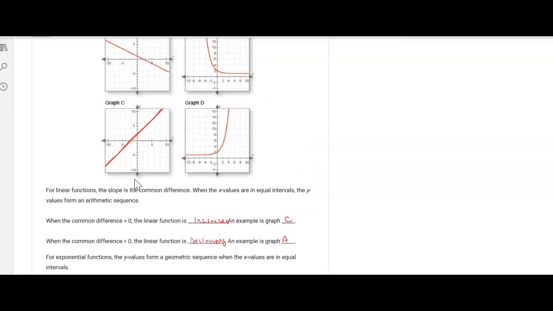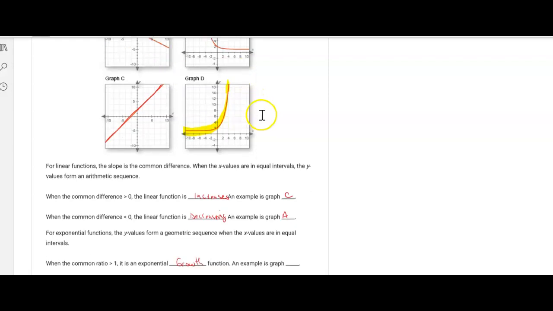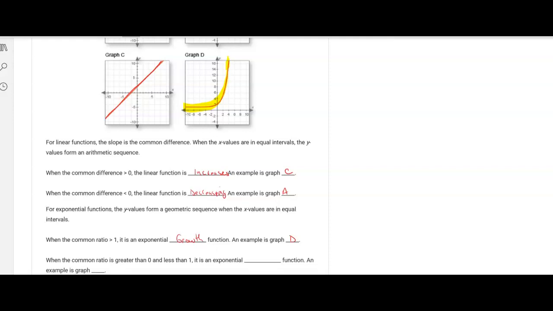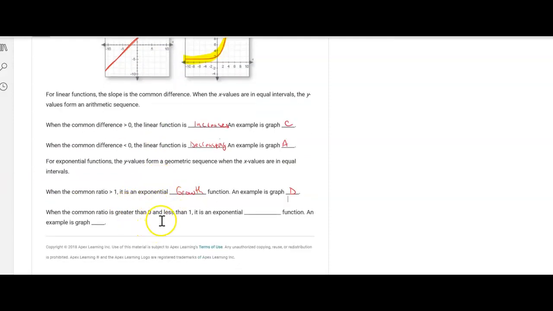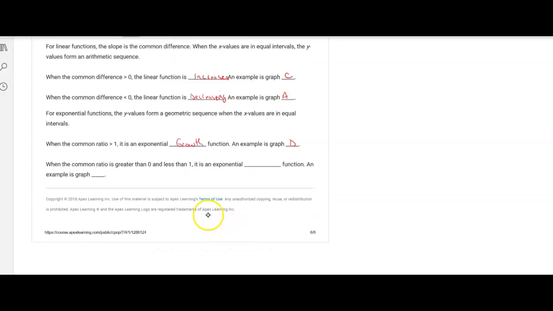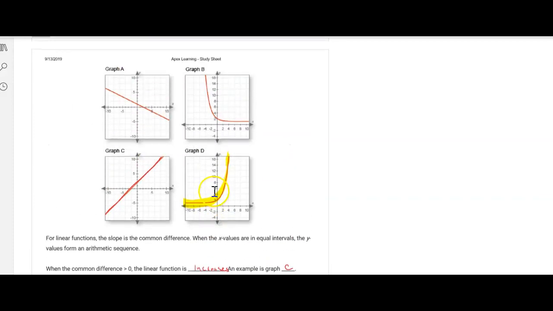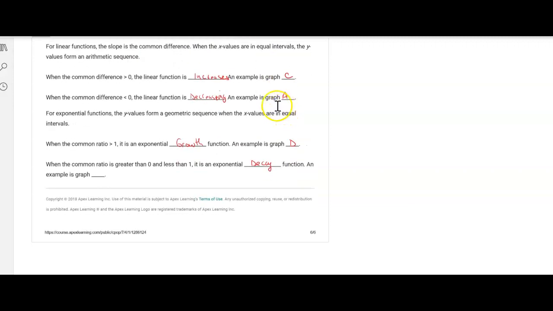As an example, the one where the y values shoot up real quickly would be in graph D. And when the common ratio is greater than 0 and less than 1, it is exponential decay, meaning you're starting high and dropping, which would be graph B. I start high and it drops real quickly in graph B.